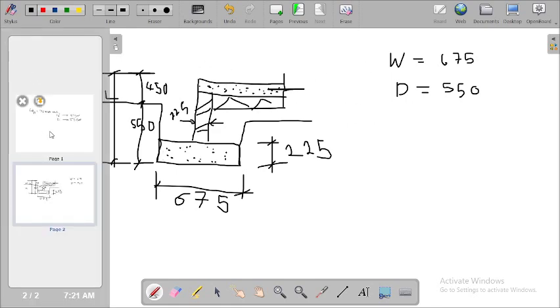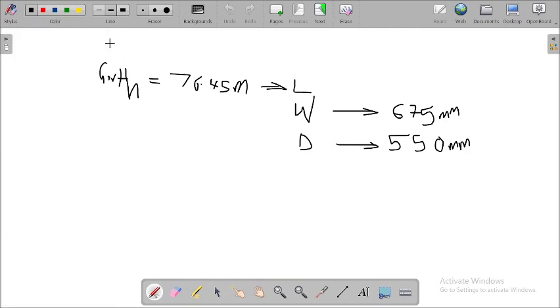Now that we have the 3 dimensions, we can go further and calculate our excavation. So we can now say excavation is equals to 76.45 multiplied by, now these 2 values are in millimeters, we need to convert them to meter.